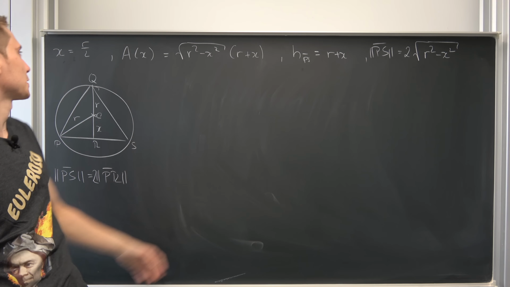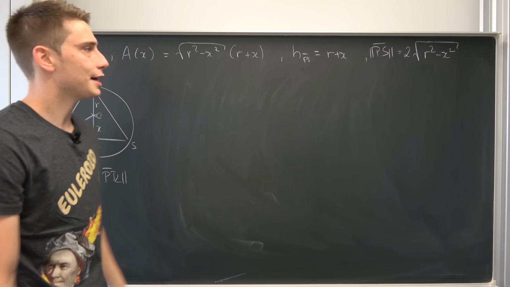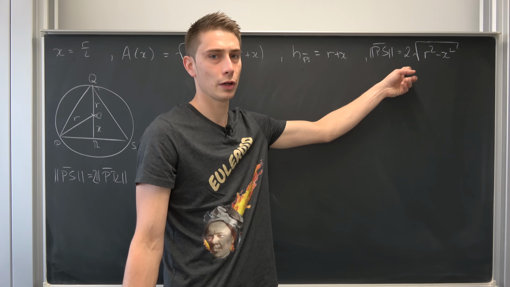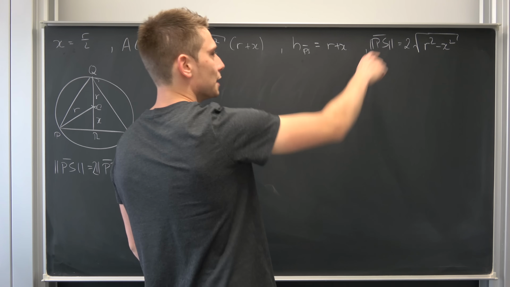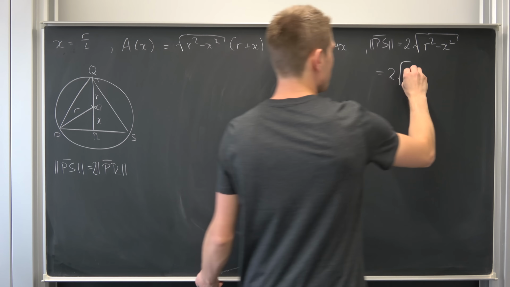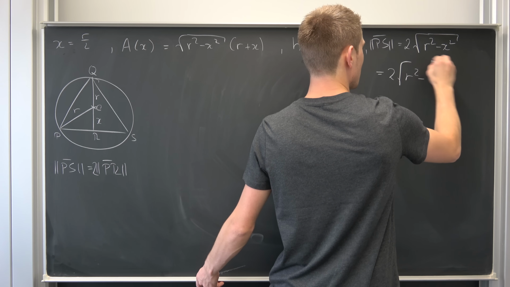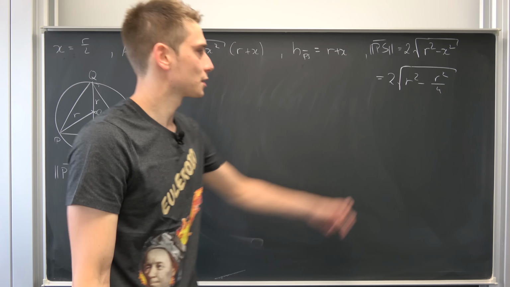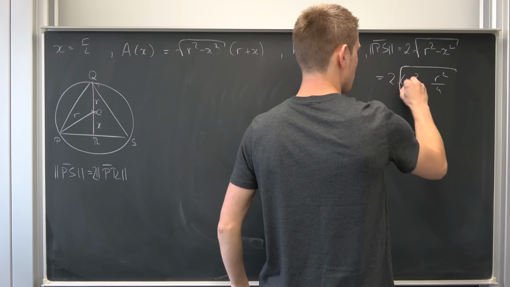So we can just plug this in, corresponding to 3r over 2 in this case. And we can also compute our side length, PS, right here. So that means PS would be nothing but 2 times the square root of r squared minus r squared over 4. So we can just advance this fraction right here by 4 over 4, this r squared term.